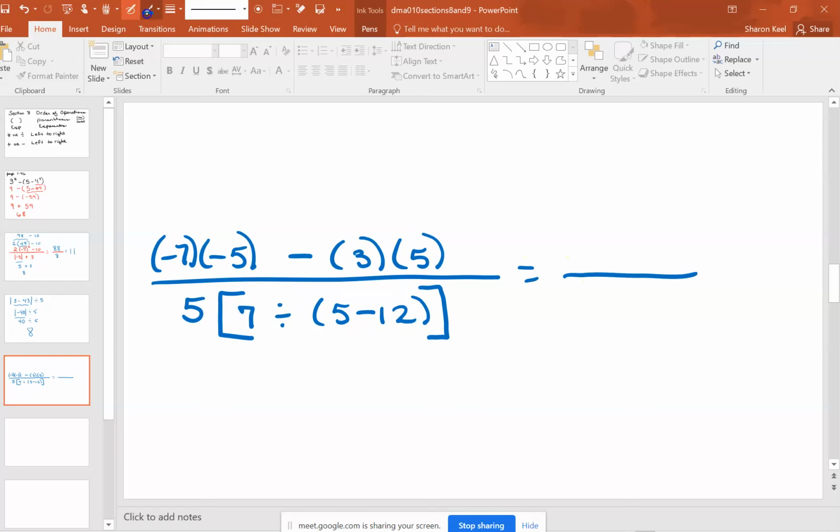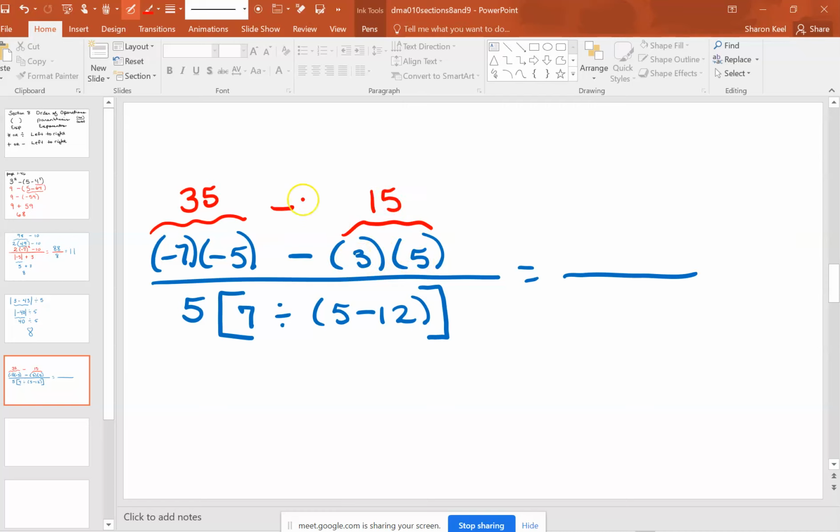So if I were to do this problem, I'm going to simplify the numerator first. Now for this, technically in the numerator, there's not parenthesis per se. This is just you're multiplying two numbers. These are negative numbers. They put them in a parenthesis. A negative 7 times negative 5, negative and negative is a positive 35. Minus, we have 3 times 5, both positive, which would give us 15.